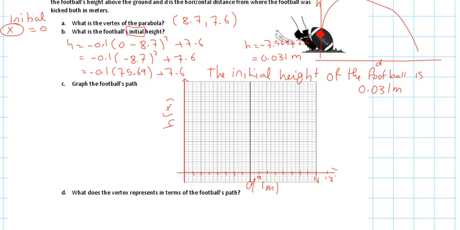Okay. And then the maximum height is 7.6, so I can go 1, 2, 3, 4, 5, 6, 7, 8.